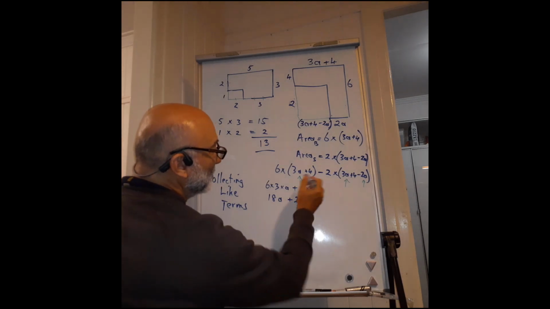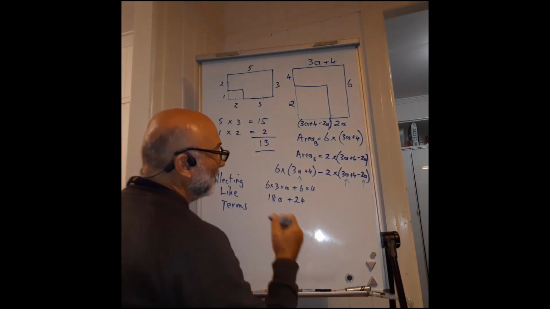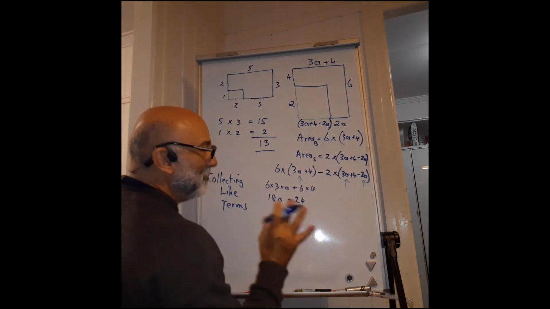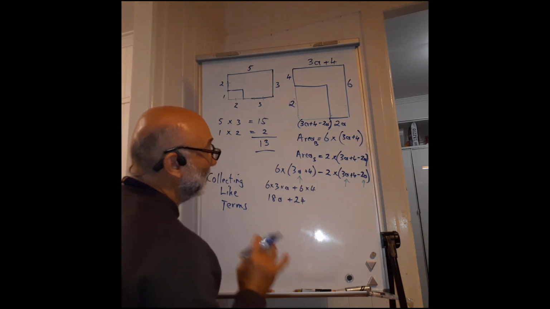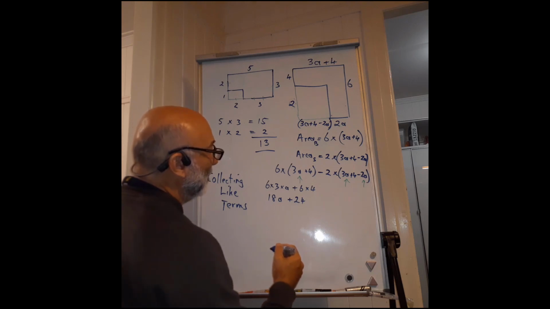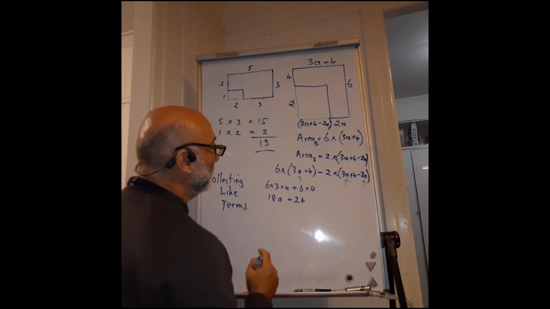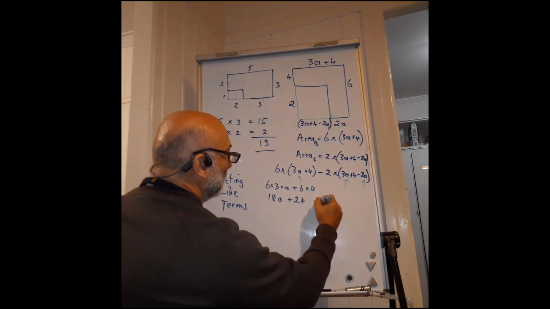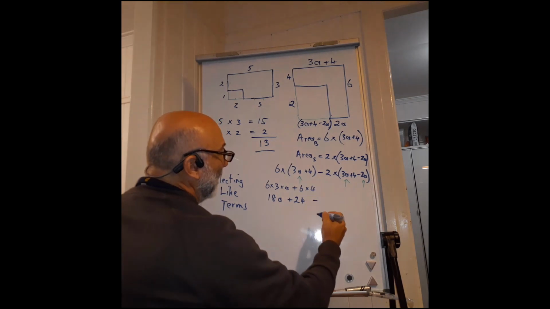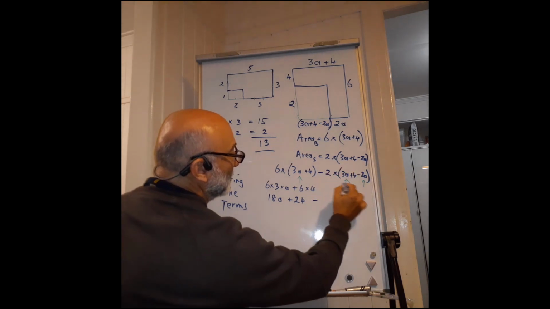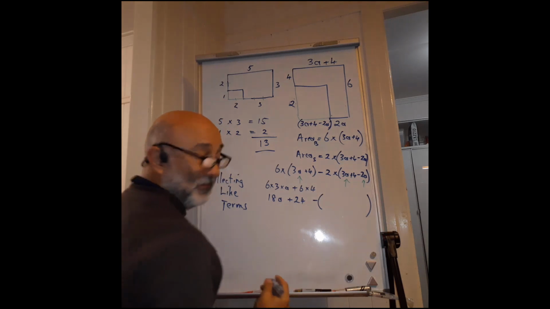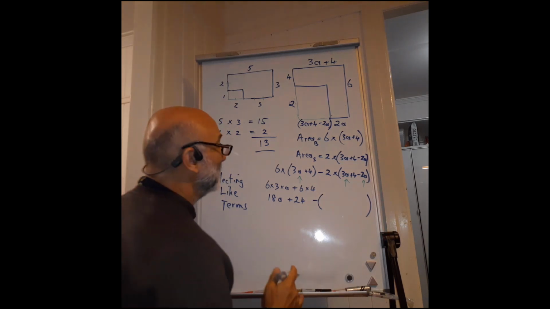Now, with this minus sign here, it's a good idea to keep that minus sign by itself until you get used to doing this kind of operation, because it's easy to muck this up. So what I'm going to do is put this minus sign here, and I'm just going to take care of all of this first. Okay, put that all in brackets so that I don't make a mistake.